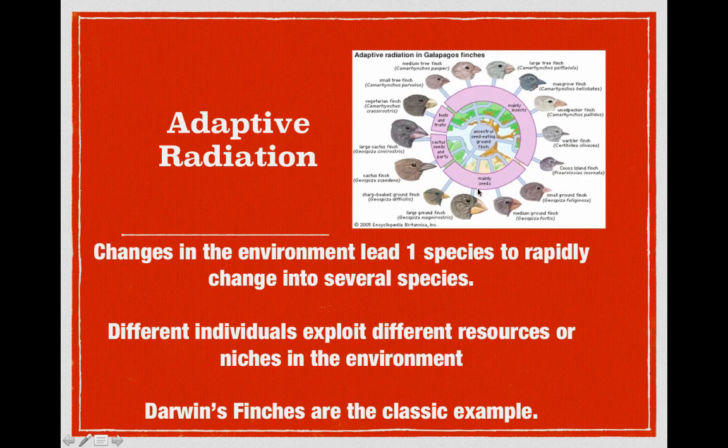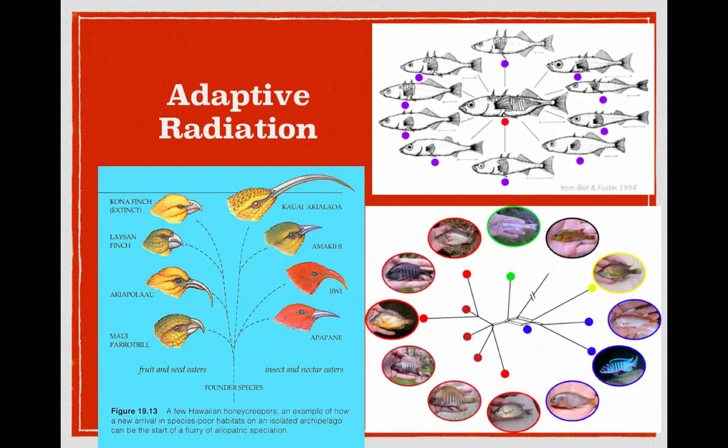So, looking at Darwin's finches, there was an ancestor. It colonized one of the islands, and then as it goes to the different islands, there's all sorts of varieties of environmental pressures, and so therefore you get all sorts of varieties just from one individual species. Other ones you look at, again, Hawaiian honey creepers here. They have some founder species, but they have led to all this variety because there's a variety of different niches within Hawaii.